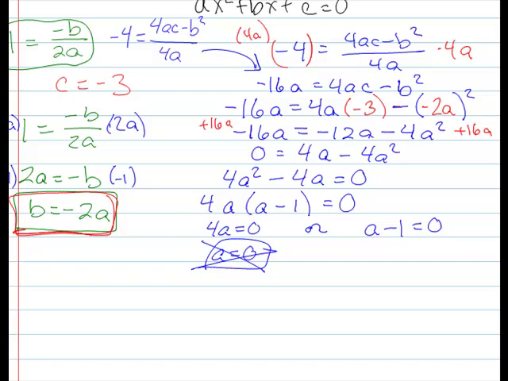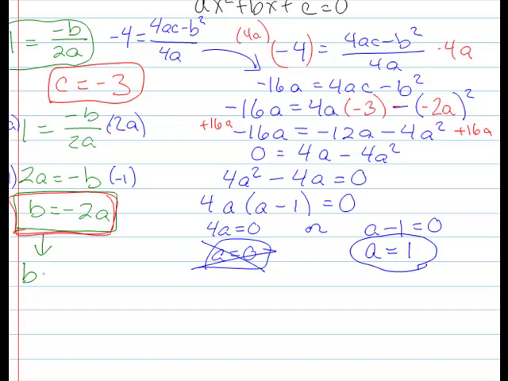Instead, I'm going to use this one over here to get a is equal to 1. That's the one I'm going to use. I don't want to use a equals 0. So now I have a is 1, I have c is -3, and I have b is equal to negative 2a. So b is negative 2 times a, which is negative 2.